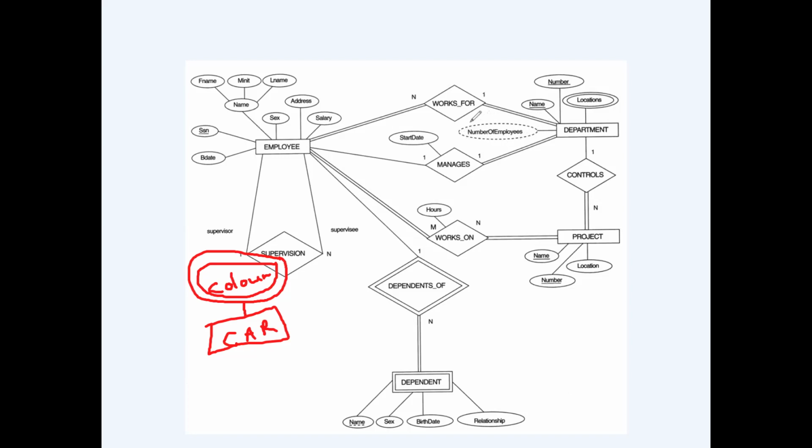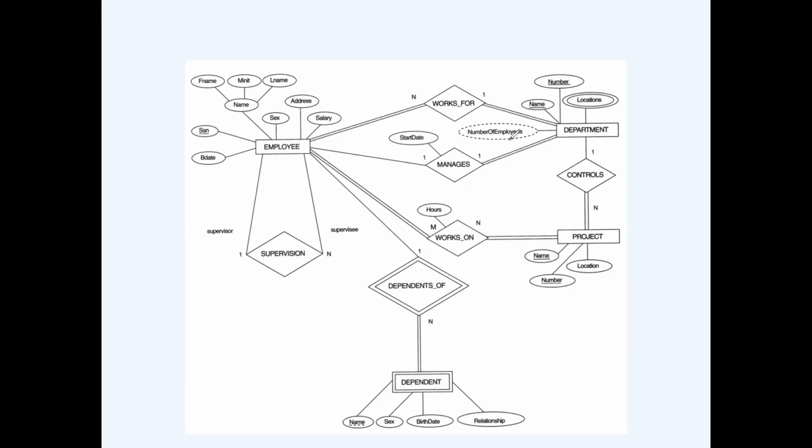So we will use a dashed ellipse like this to represent age, which indicates that it's calculated. Okay, so I hope now you understood the four different types of attributes we discussed: simple attributes, compound attributes, multi-valued attributes, and derived attributes.